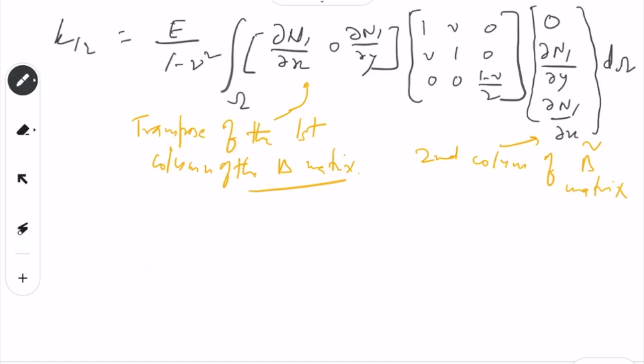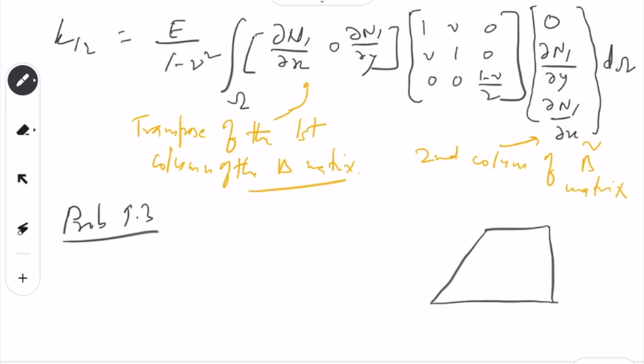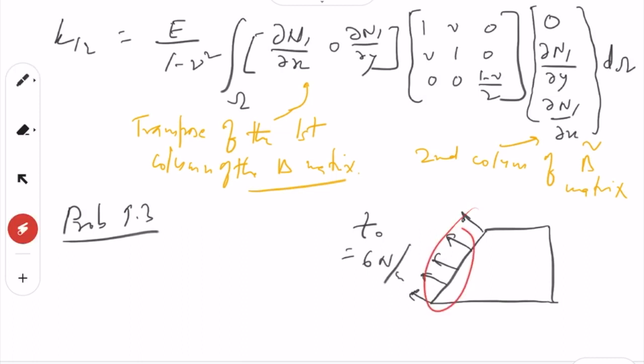Or you can see the problem, let us say problem 9.3, although it does not tell you to solve it, it is just about the force vector. But let us say in real life you have to solve a problem something like this one, where it has forces like this. This is the T naught which is equal to 6 Newton per meter, whose direction is like this.